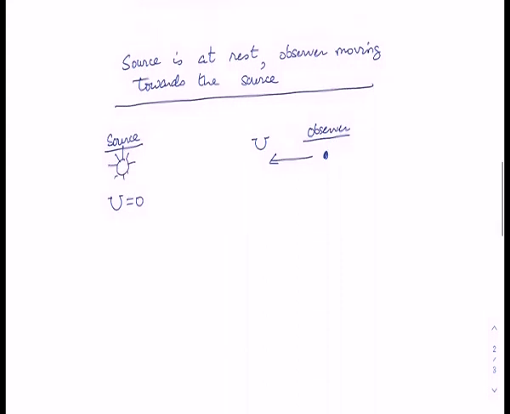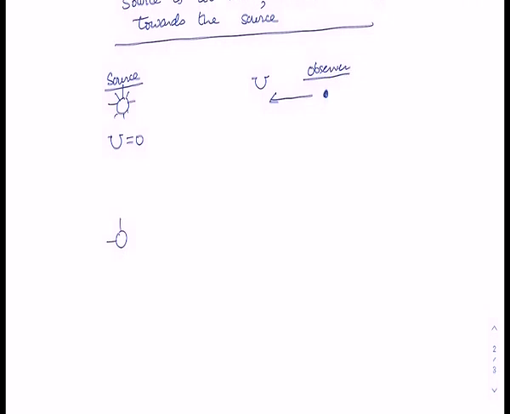As regards the wavelength, the source is at rest, so therefore at time t0 this crest has moved this much, and this is ut0. But because it is at rest, the next crest is also going to emanate from it. So the distance between successive crests is simply going to be ut0. So L is simply ut0, the wavelength.